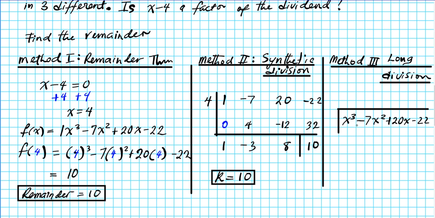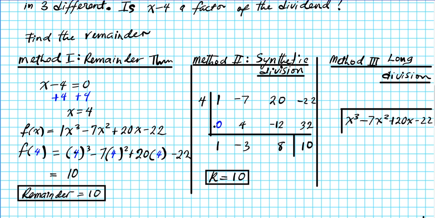If any degree terms are missing, you have to put a placeholder there, okay? So we have 3, 2, 1, 0 as indicated earlier. There are no missing degree terms when you're descending from the highest degree to the constant. So this is fine. Now we're dividing by x minus 4. So let's place x minus 4 out here.